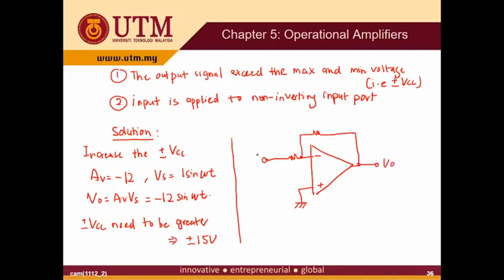So this is your Vout, this is your Vs, 12 kilo ohm, and this is your 1 kilo ohm. In order to get the inversion, you need to rearrange the circuit to be something like this.